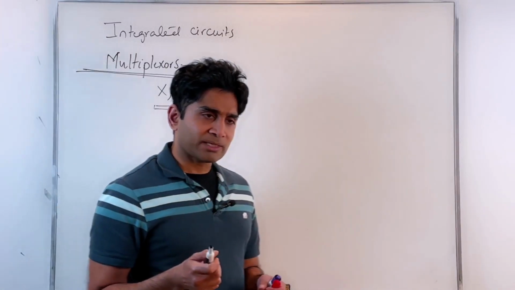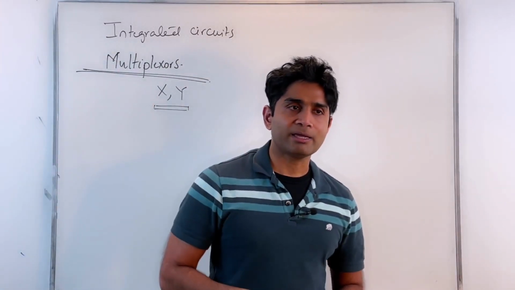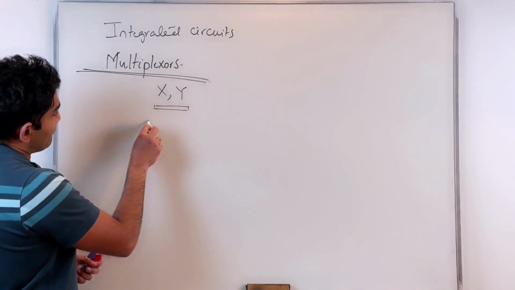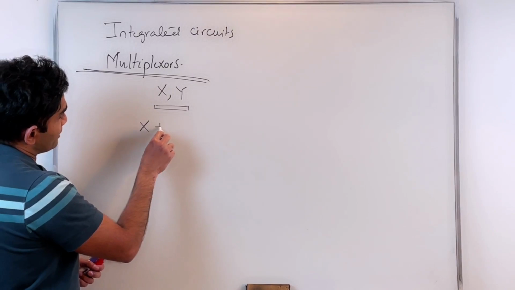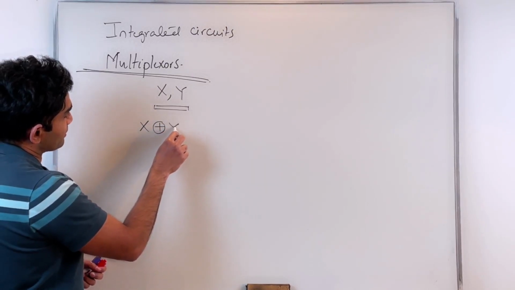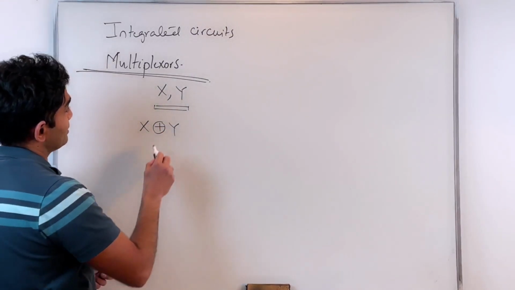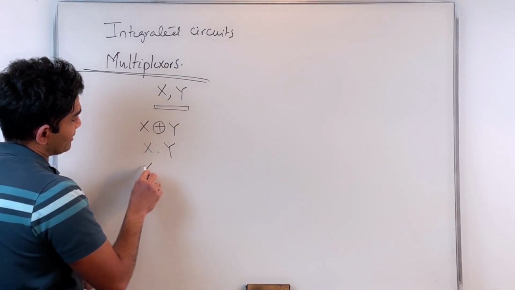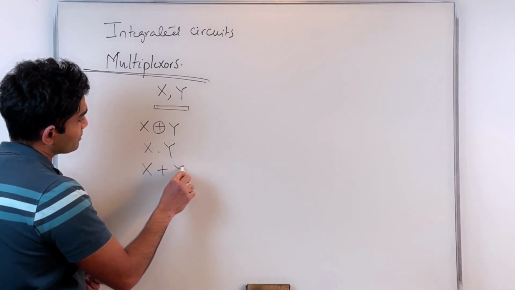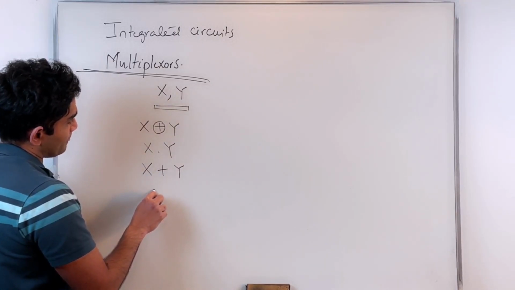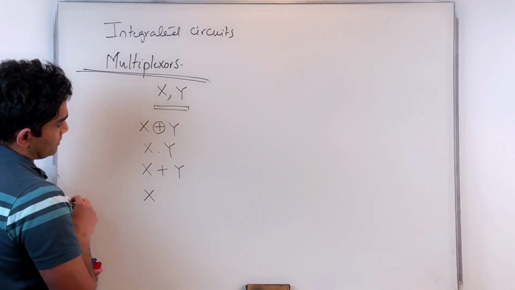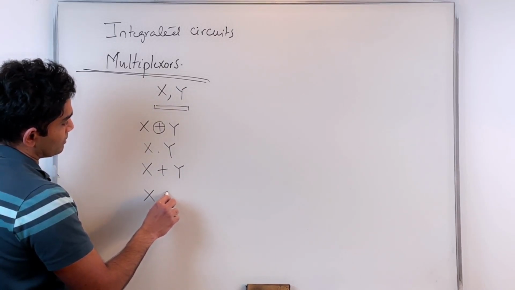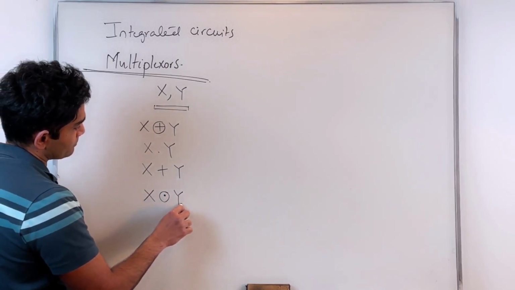And I would like to design a piece of hardware so that I can obtain these functionalities from it: X exclusive OR Y, X and Y, X or Y, and X exclusive NOR Y. Okay.